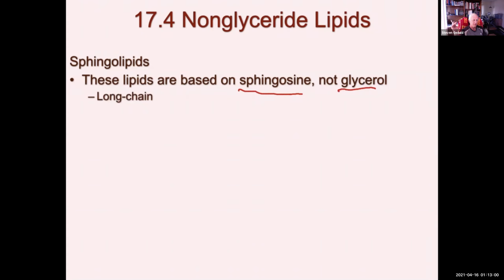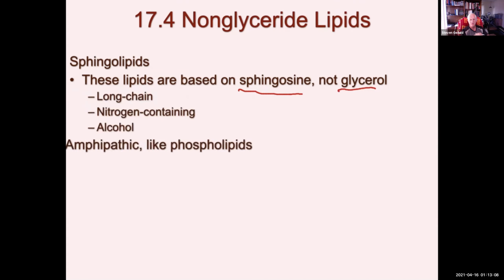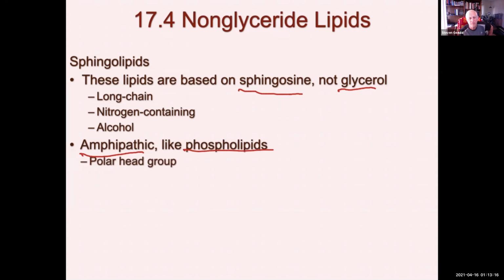Okay, these sphingolipids have long chain fatty acids. They're nitrogen containing, and they're alcohols. They're amphipathic, just like the phospholipids. They have a polar end and a non-polar end. They have a polar head group.